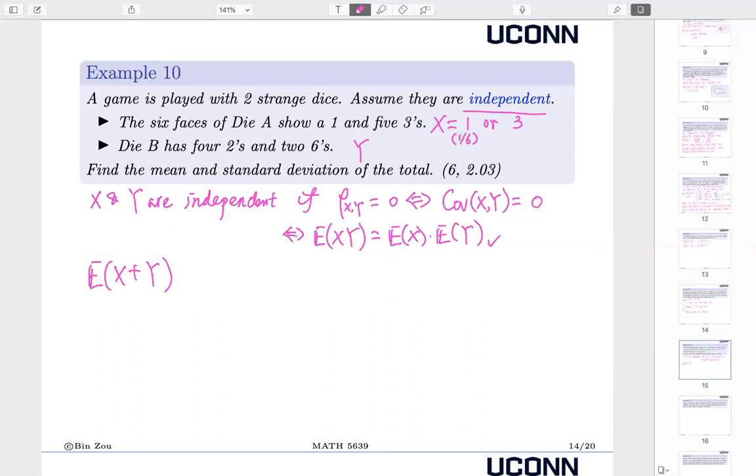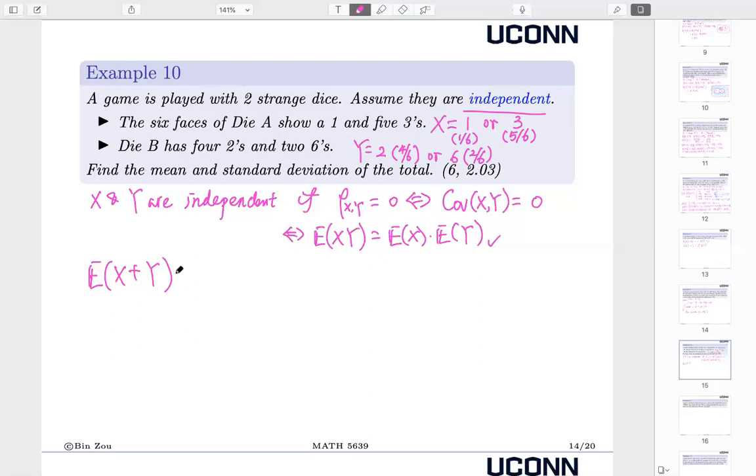There are 5 faces with 3, so the probability is 5/6. In the meantime, for die B, the result is either 2 with probability 4/6, or 6 with probability 2/6. So it's easy to calculate the expected value for x and y and their corresponding variance.